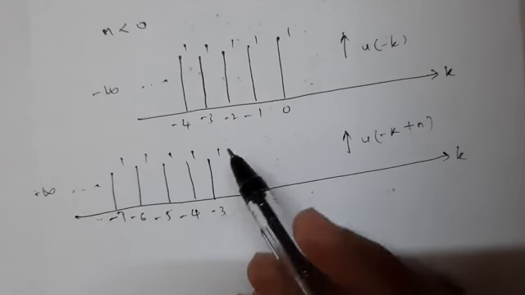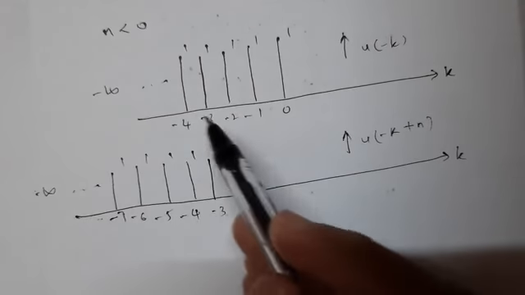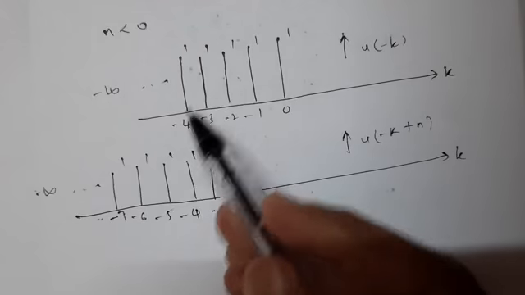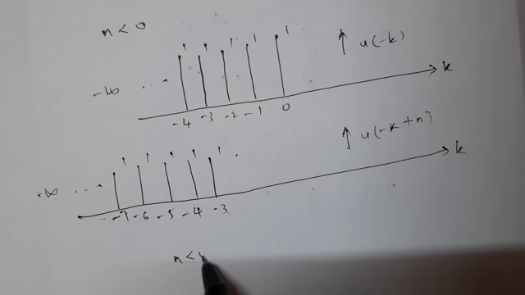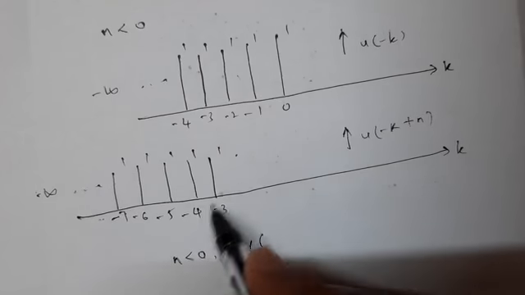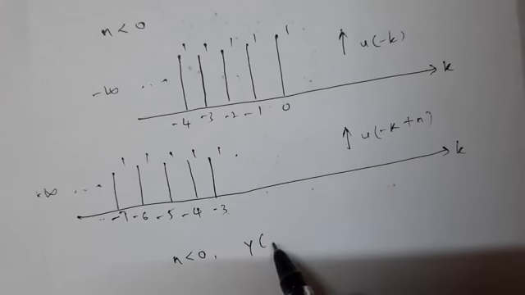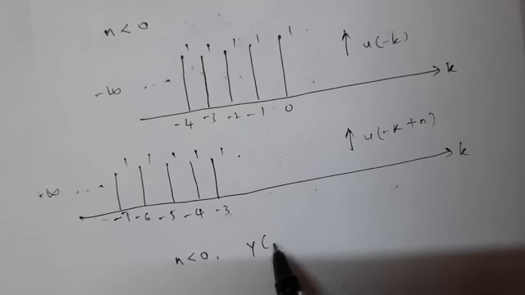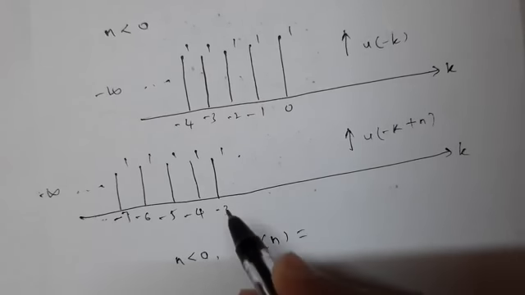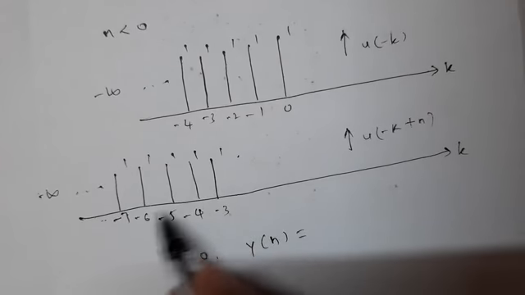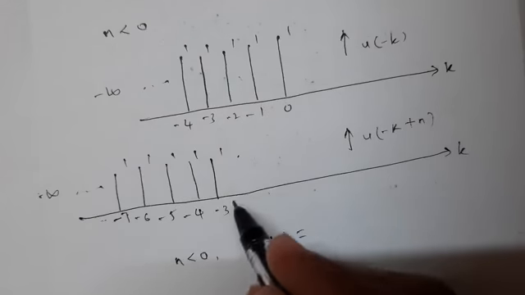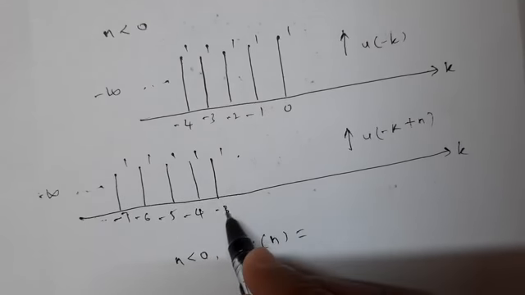Okay, so from where to where do the samples exist for u of minus k, when n is less than 0? So what I have done is u of minus k plus n, u of minus k shifted by n, and n is less than 0, so somewhere I will consider this as n.